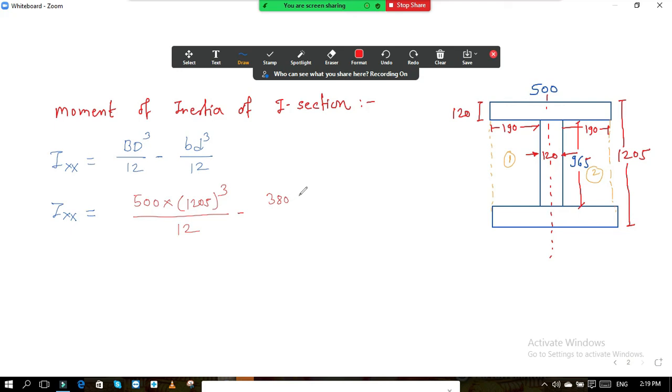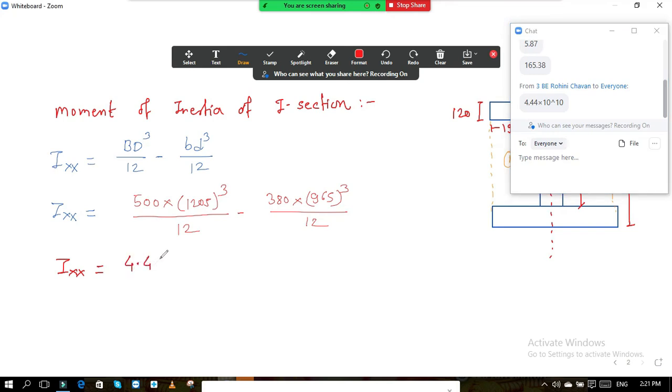So 380 into 965 cube divided by 12. So Ixx is equal to 4.44 into 10 raised to 10 mm raised to 4. This is the moment of inertia.